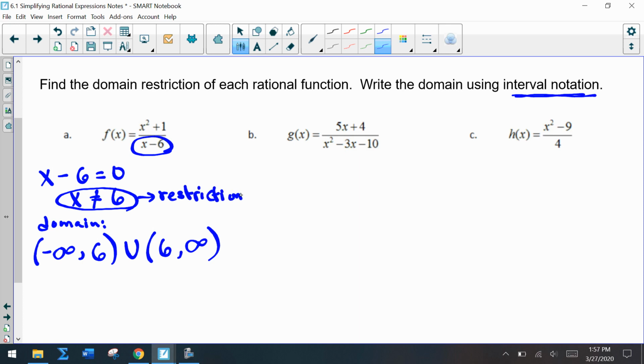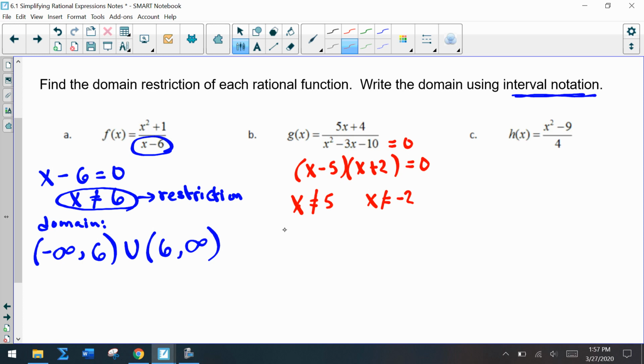So to find the domain restriction for the next two, we need to set the denominator equal to 0. So if I set this denominator equal to 0, we can factor it. So x equals 5 and x equals negative 2. So our domain restriction is x cannot equal 5 and x cannot equal negative 2. If we plugged those values into this function, that would give us a 0 in the denominator, making it undefined.